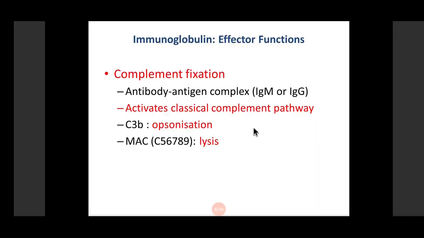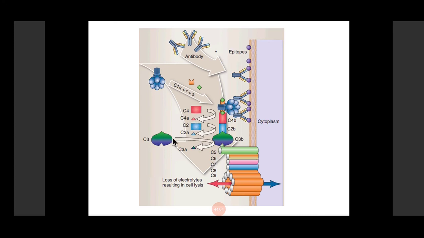There is complement fixation that we discussed in detail last time, so it should be easy for you. The antigen-antibody complex is formed. This activates the classical pathway of the complement system. C3b deposition occurs and then MAC is formed. C3b deposition leads to opsonization, and MAC deposition on the surface of the virus or the bacterium, particularly a gram-negative bacterium, creates a hole.